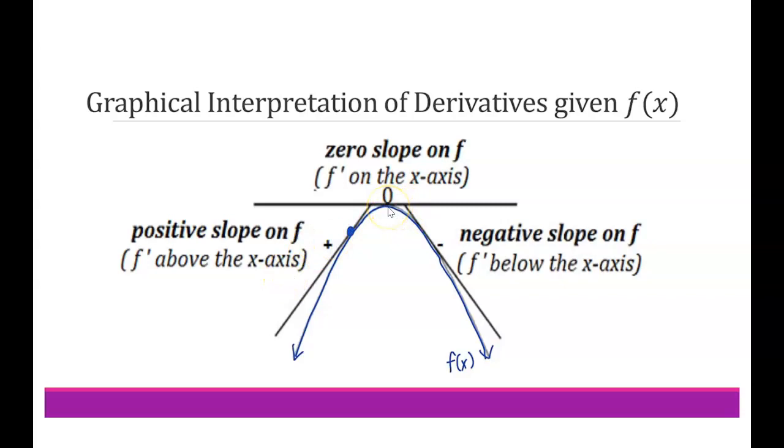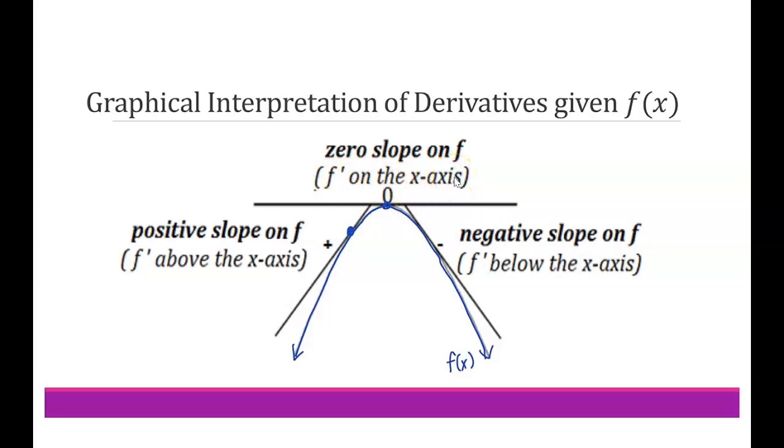Now right at the very top here, if that's the point of tangency, and I draw a tangent line, the slope is 0. So a 0 slope on the original function would mean that on f prime, I'm on the x-axis. So whenever I have a 0 slope, whenever I have a horizontal tangent line, then the derivative would be on the x-axis.